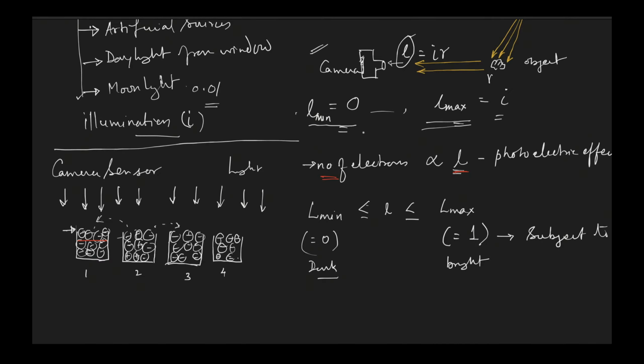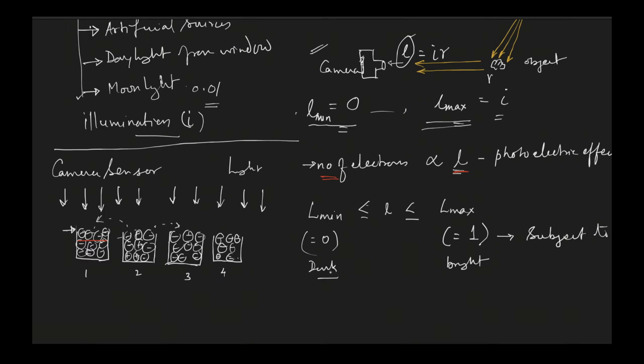So L minimum and L maximum vary, for our DIP sake, or even when the camera system records. They generally define L min as 0, but L max has a limit, and this L max can be equal to 1. For our purpose, we can right now define L max as 1.